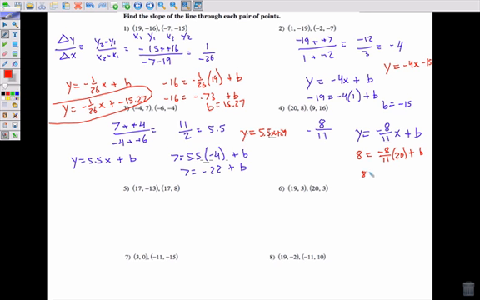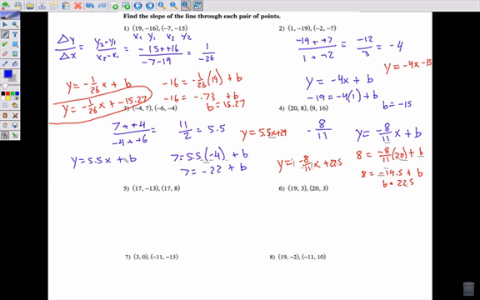So we get 8 equals -14.5 plus b. So we're going to add 14.5 to both sides. b equals 22.5. So our equation then is -8 over 11 x plus 22.5.